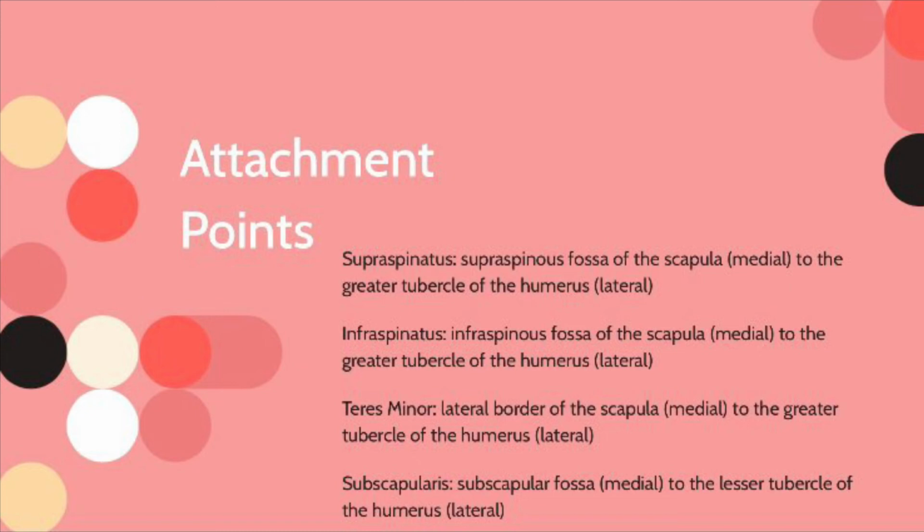The teres minor connects medially at the lateral border of the scapula and laterally at the greater tubercle of the humerus. The subscapularis connects medially at the subscapular fossa and then connects again at the lesser tubercle of the humerus laterally.